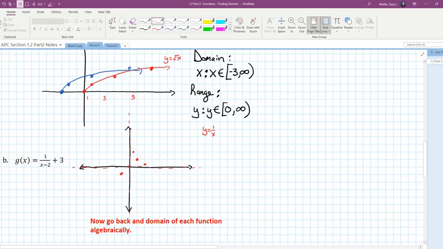I don't even need to know the specifics so much. But if called upon, you should be able to come up with them. I know it's half and half here. So there's my basic parent function. So then what is this one going to do? It is going to shift +2 and up 3.